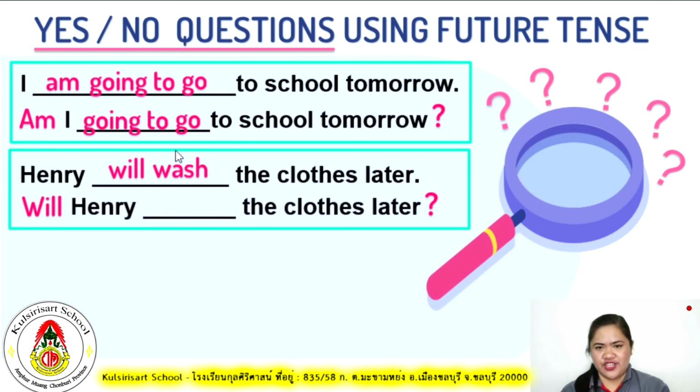Now, continue, copy this verb. So, will Henry wash the clothes later? Question mark. Did you get it? Remember that when you make a yes or no question, it should start with will, is, am, or are. Okay, that is in the future time.